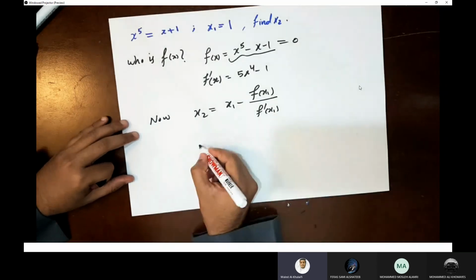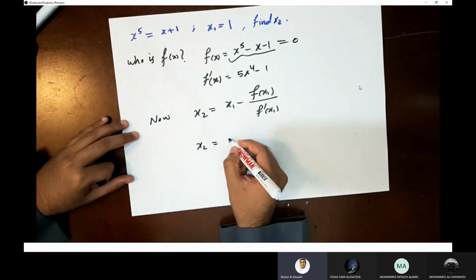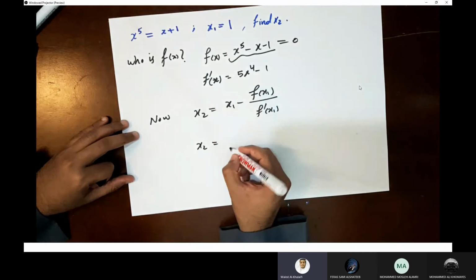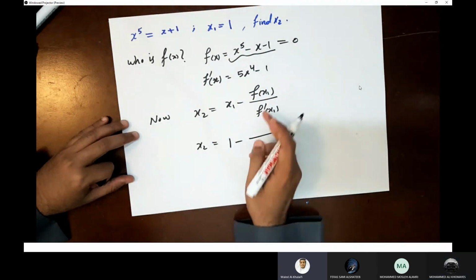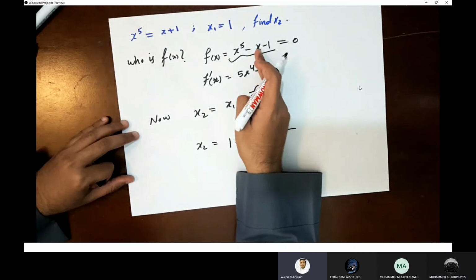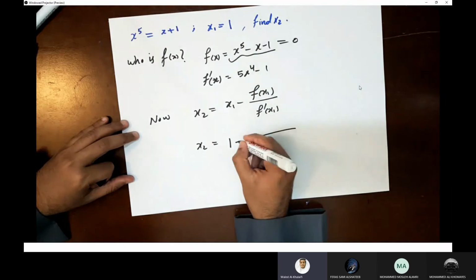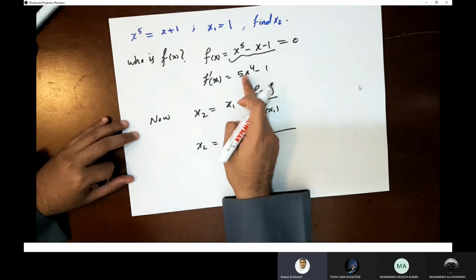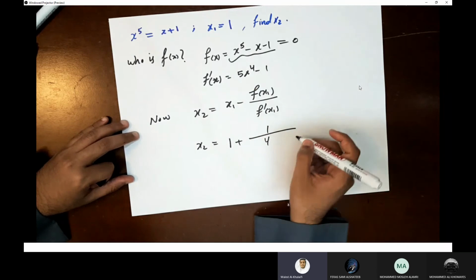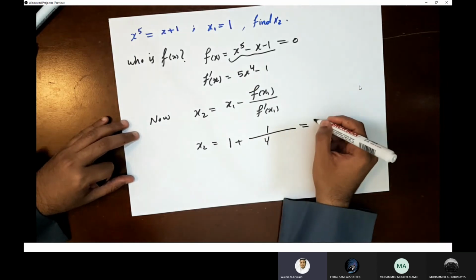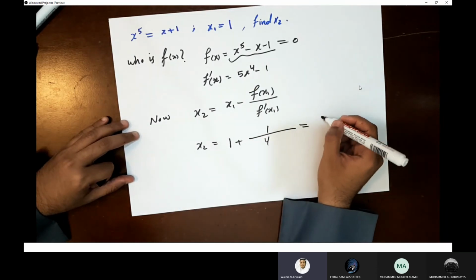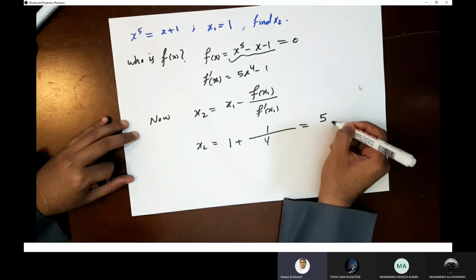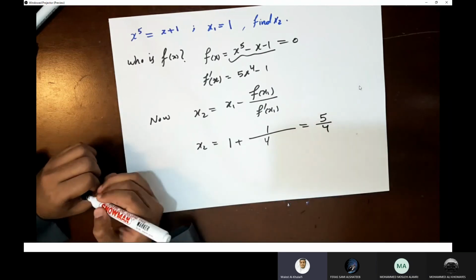So x2 equals x1, which he told you is 1, minus. When you put 1 here, what does it give you? 1 to the power 5 minus 1 is 0, then you have negative 1. Negative 1 with the minus becomes plus 1, over, when I put 1 here, 5 minus 1 becomes 4. So how much do we have here, guys? 5 over 4.